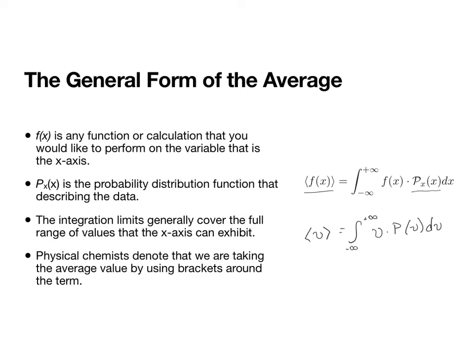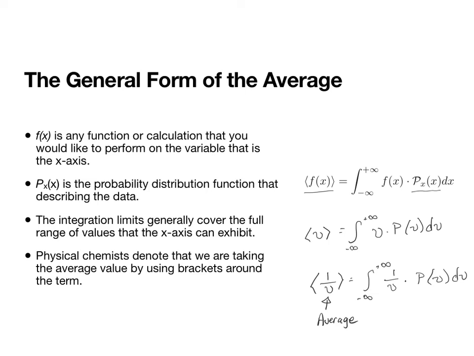Well, what if I wanted to find, say, for some reason, 1 over the velocity? I could. I would just integrate from negative infinity to infinity of 1 over the velocity times the probability of the velocity. In physical chemistry, we like to find these expectation values or these averages of a lot of these different functions, and we use this bracket notation around the term to indicate that it is the average value.